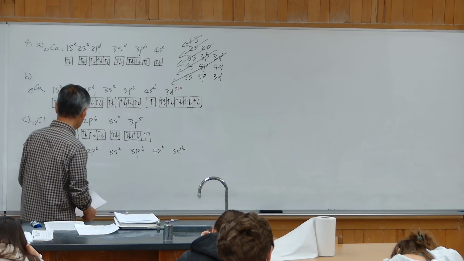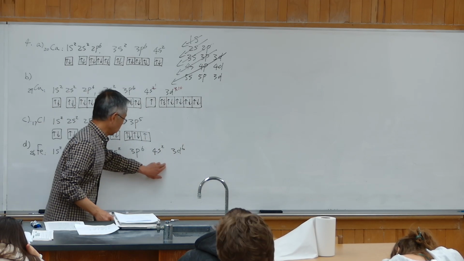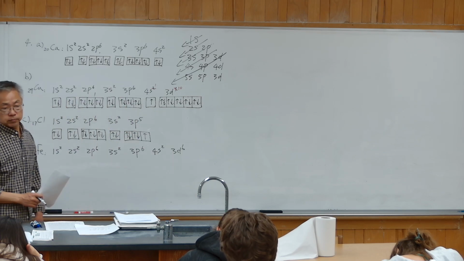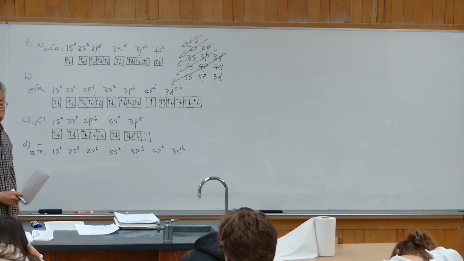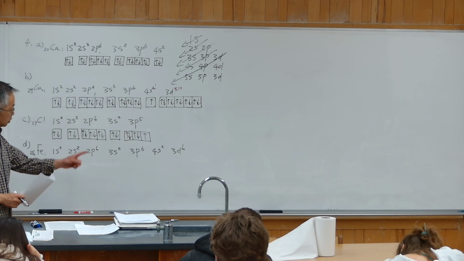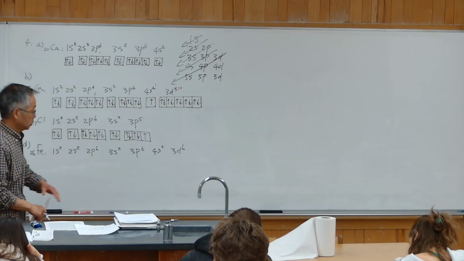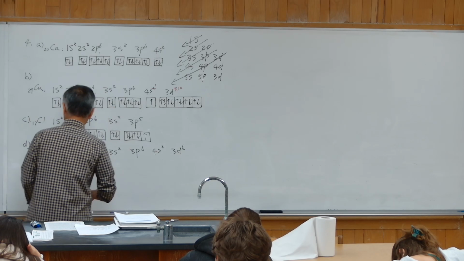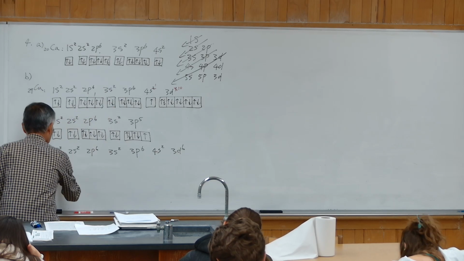Let's try: 10, 20, plus 6. D maximum can place 10, but only 6 are left. Right, so this is d6. Draw the orbital diagram.